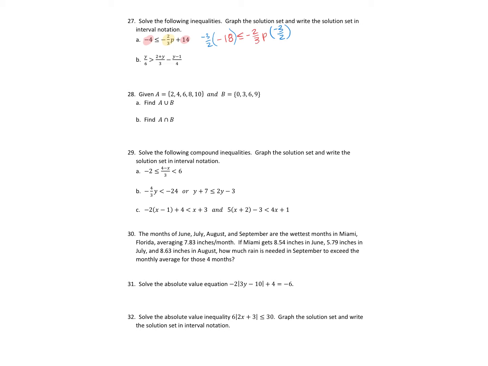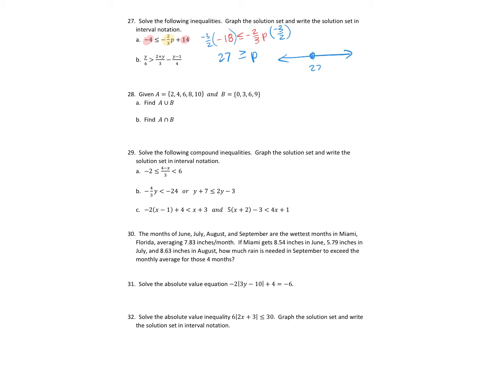When I multiply by that negative, it's going to flip the sign. So I'll have p is less than or equal to negative 18 times negative 3/2. So it's going to be a positive 9 times 3, which is 27. So p is less than or equal to 27.